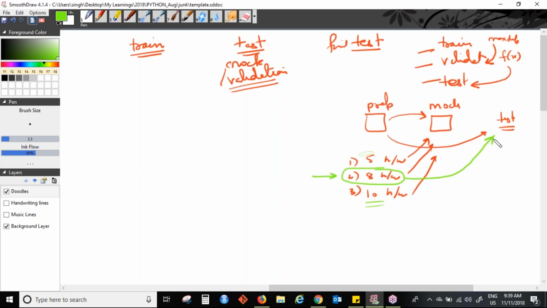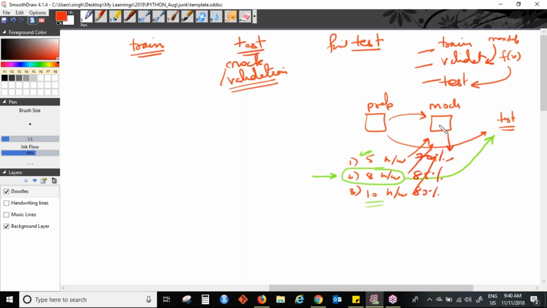You finally go and write the test, the actual test. So here you're not looking at the test data and coming back. You're doing that on the mock test, not on the actual test, right guys? You're only looking at your mock test and trying different strategy. So 5 hours, let's say you are getting 70% marks. 8 hours you are getting 85% marks. 10 hours you are getting 80% marks. So you are only looking at these marks on the mock test, not on the actual test. Actual test you have no idea.